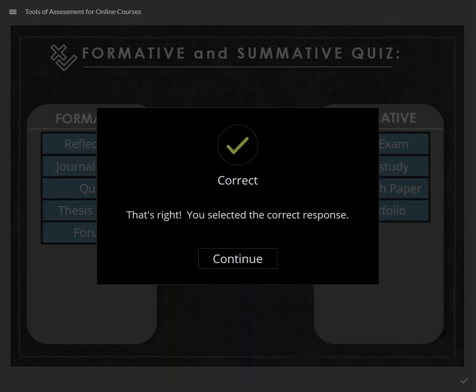So how would you, in an online classroom, do formative assessments? Thoughts on that? I actually allow my students 3 opportunities to take a quiz. Okay.